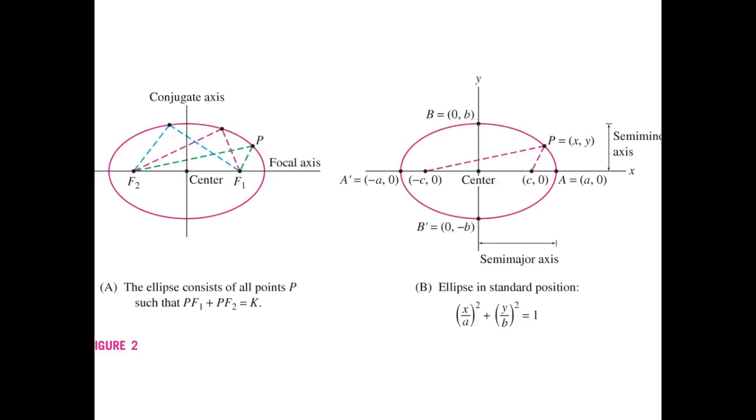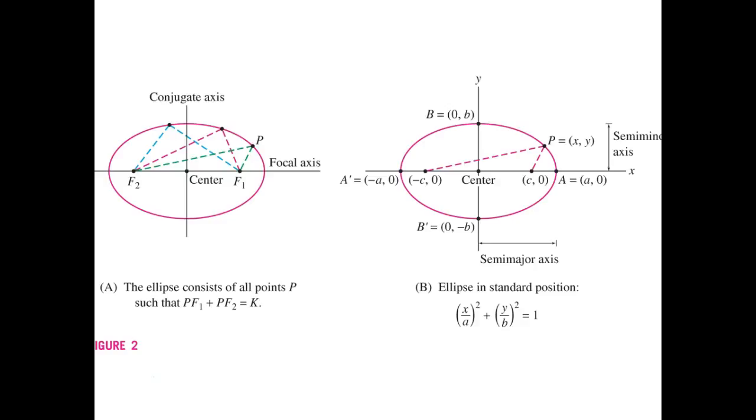You swing around here. Here's the distance to focus 1. There's the distance to focus 2. Guess what? It's not proven, but that is the same value. This one got longer and this one got shorter. You go up here, and this one's getting longer still, this one's getting shorter still.